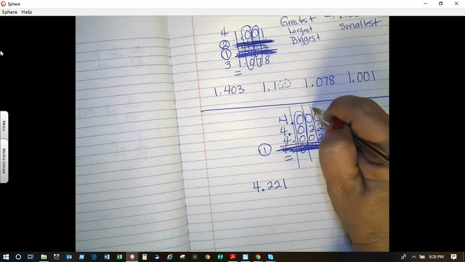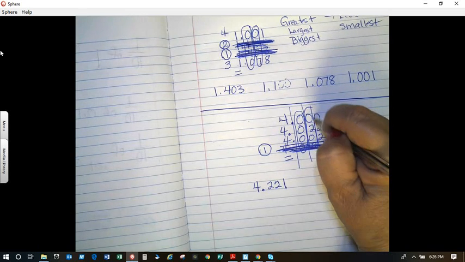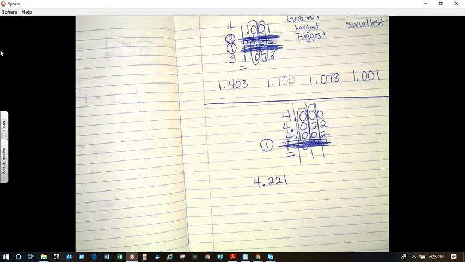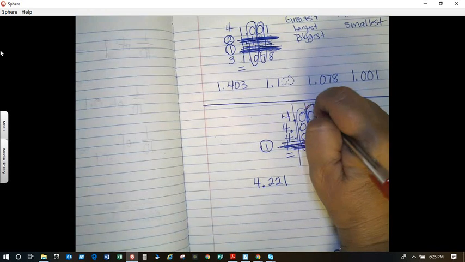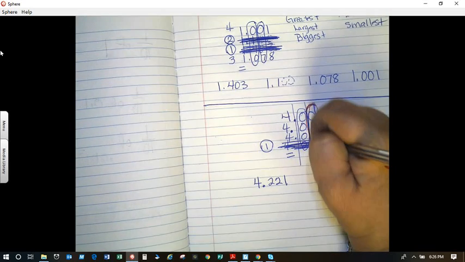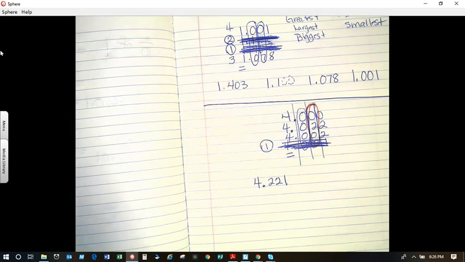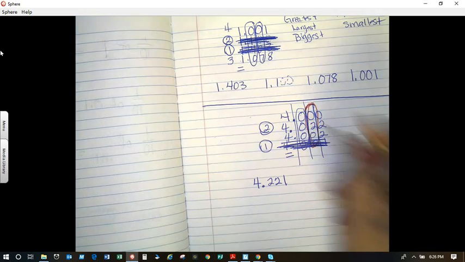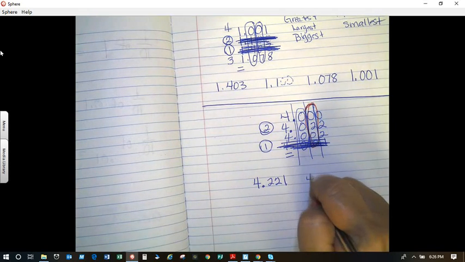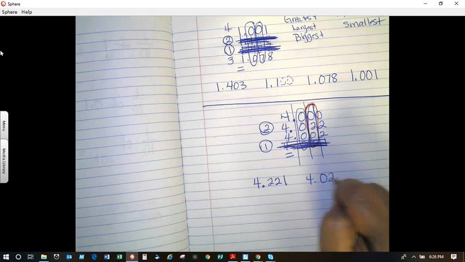Then I go to my next one. If you're wanting to put it in a different color, go ahead, so it keeps it less confusing. So I'm just going to circle this next one in red. So then this is number 2. So I'm at 4 and 22 thousandths.